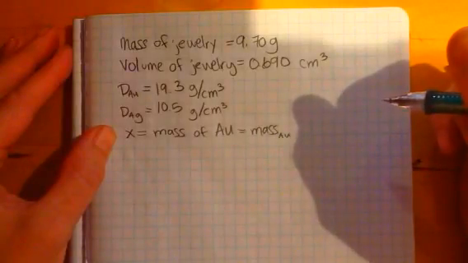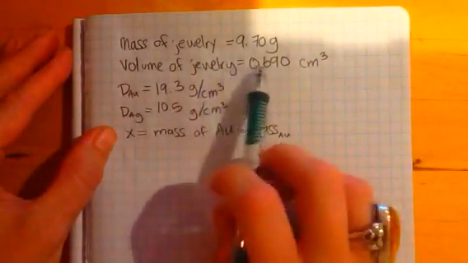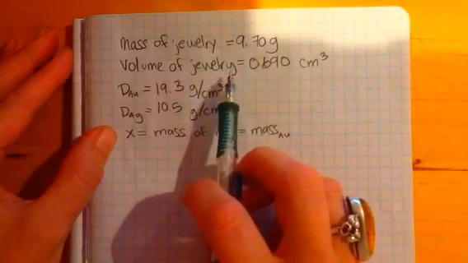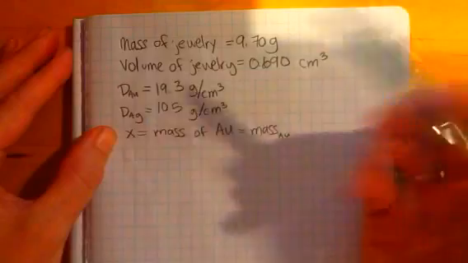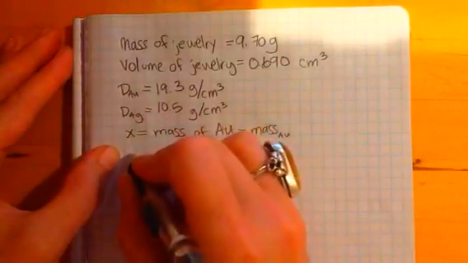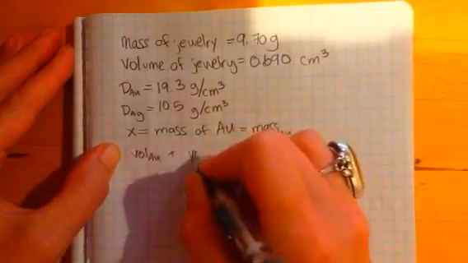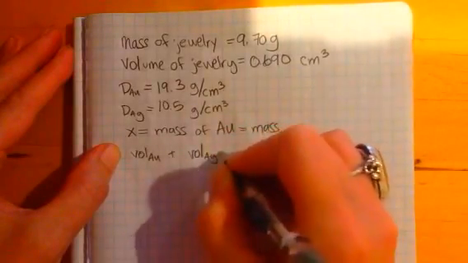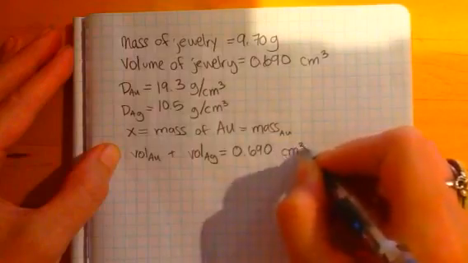By default, the problem tells us that the total volume of the jewelry is the sum of the volume of the gold and silver that it contains. So we can say that the volume of gold plus the volume of silver is equal to 6.90 cubic centimeters.